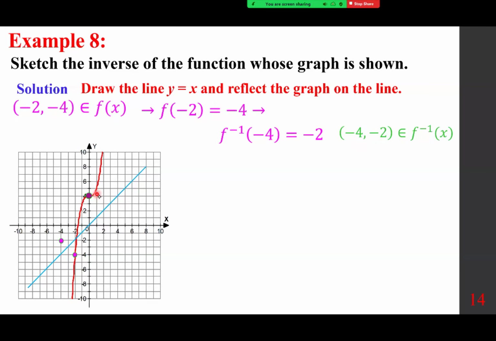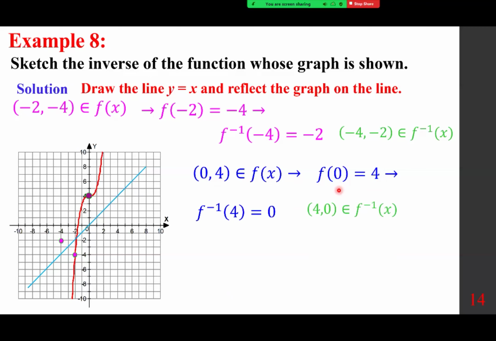The y-intercept is located at 0, 4. 0, 4 is one point on the graph of f of x. A short version, 4, 0 belongs to f inverse. A long version, this means f of 0 equals 4, and this means f inverse of 4 is 0.